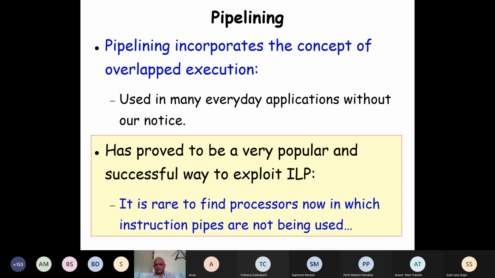Here, like in your C program, you have written 100 instructions and those instructions are executed not at the same time, but in an overlapped manner. One instruction is taken up, and as soon as that is taken up, the next one is taken up, and so on. And as I was saying, it is rare to find processors nowadays which are not pipelined.